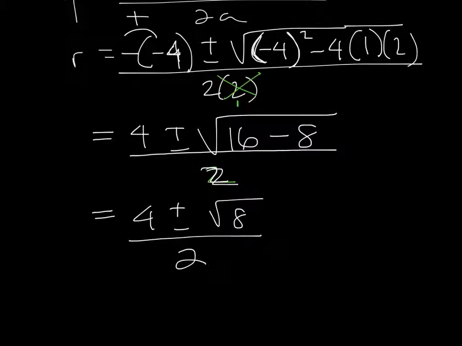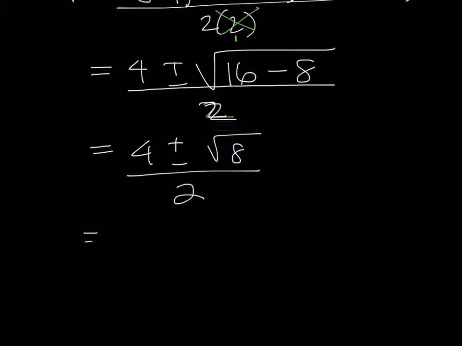It would be nice if this was the square root of 4, or the square root of 25, which is 5, or the square root of 36, which is 6, the square root of 100, which is 10. It isn't, but we can take out a perfect square within that number.